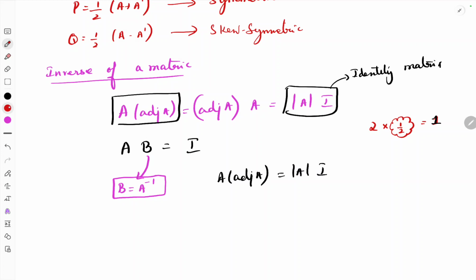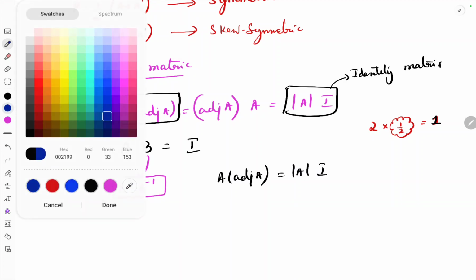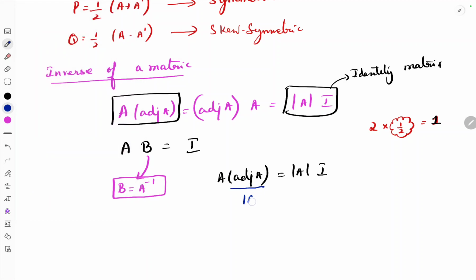So what I will do here is I will just divide by determinant of A both sides. I am able to divide by determinant of A if this determinant of A is not equal to 0. So which means it should be non-singular matrix. Non-singular matrix.